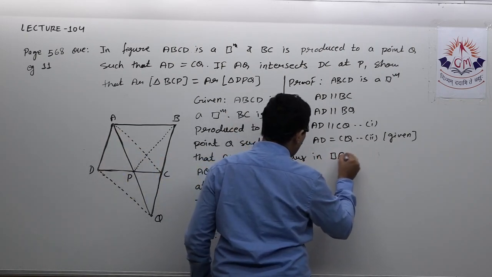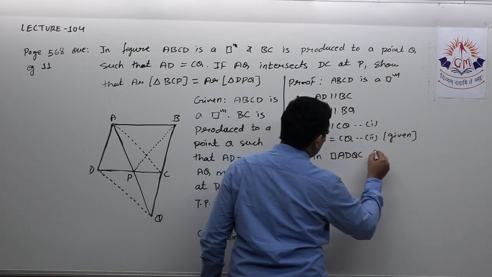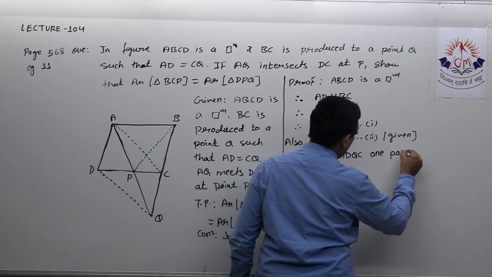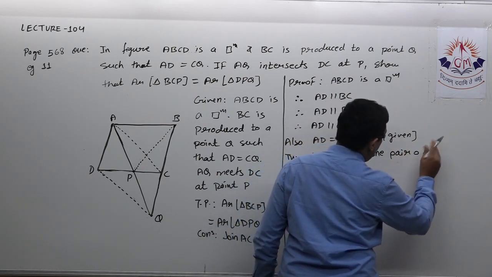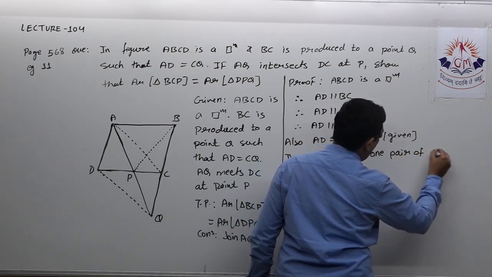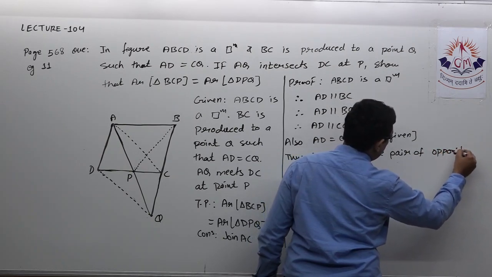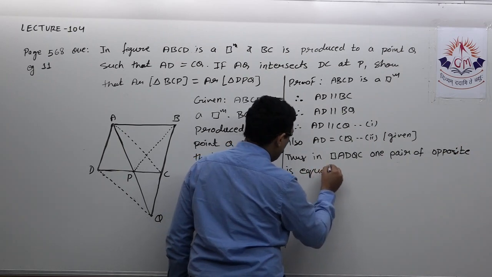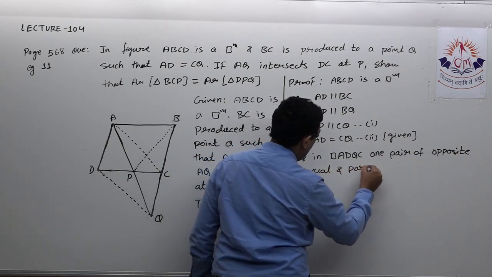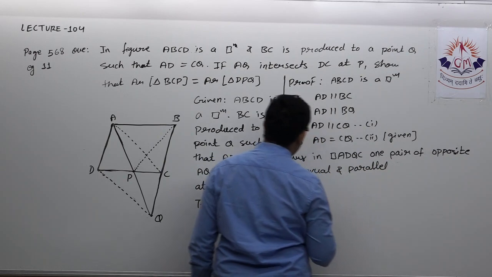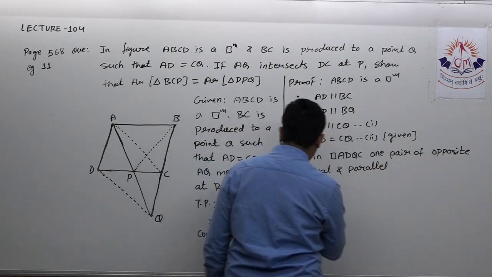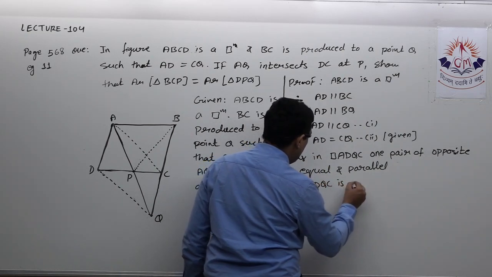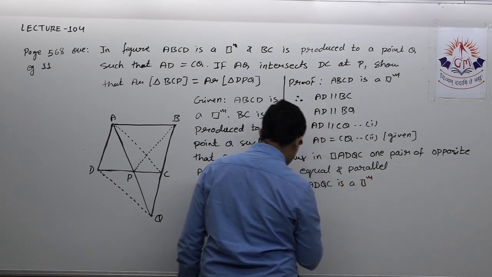Thus, in quadrilateral ADQC, one pair of opposite sides is equal and parallel. Therefore, quadrilateral ADQC is a parallelogram.